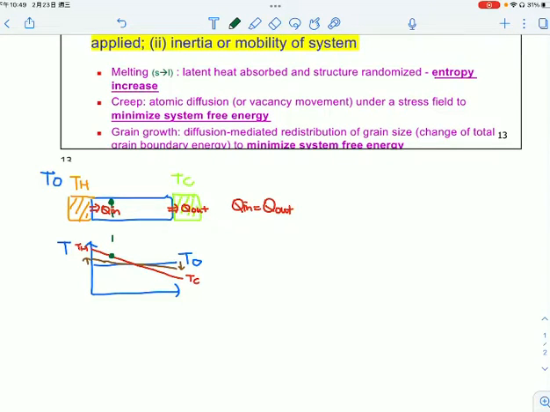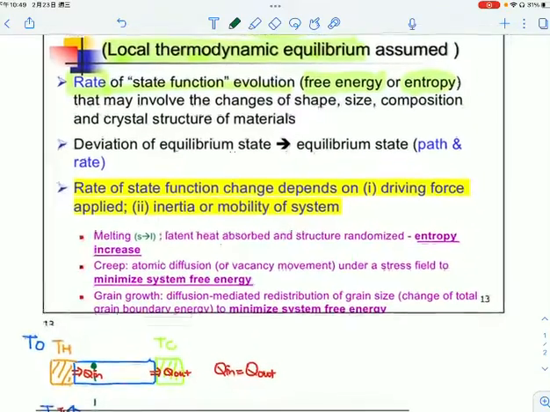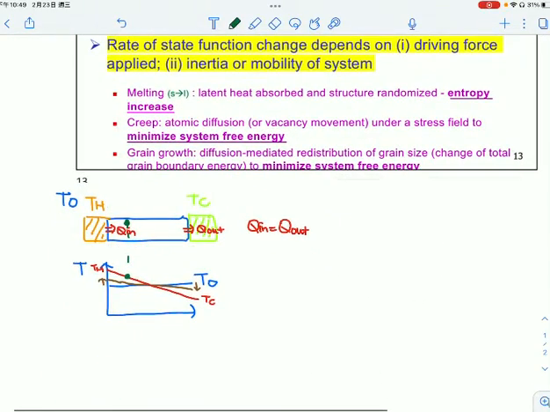No. So this is what we call the local thermodynamic equilibrium, because the state function T at this local location does not change over time.